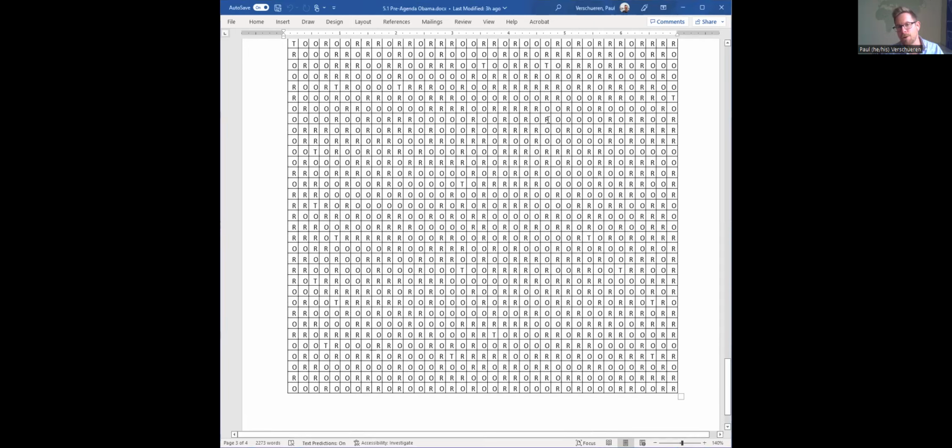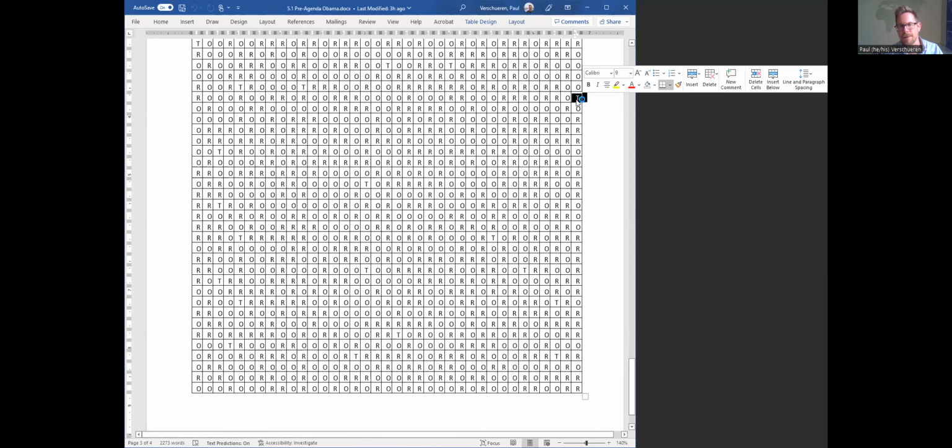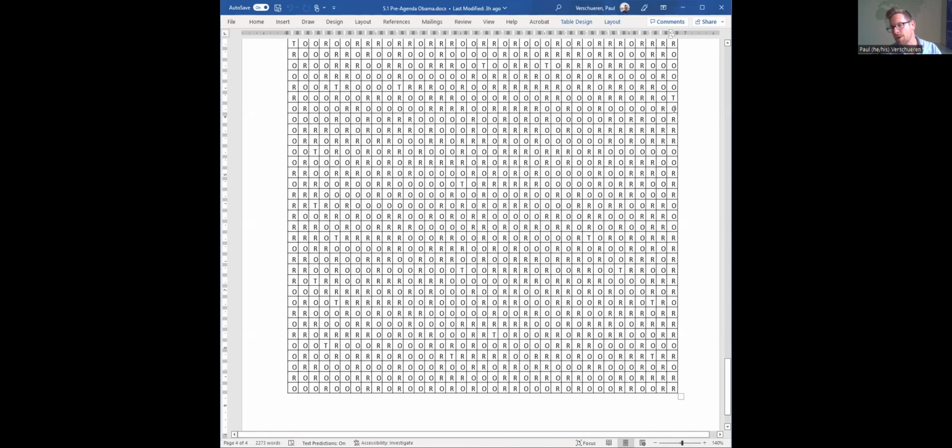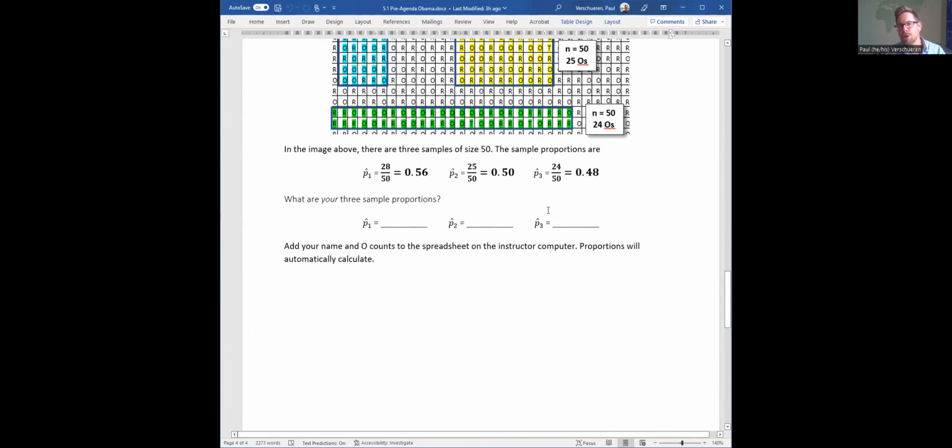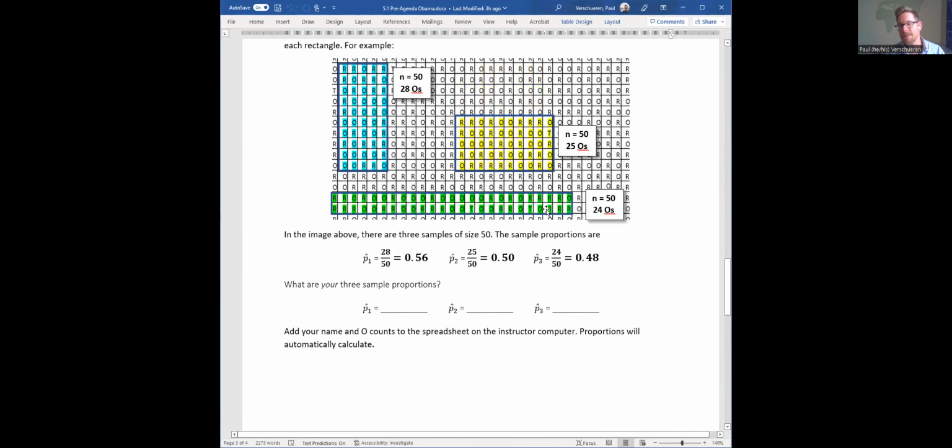R's represent a vote for Mitt Romney, and T's, there are not very many of them. That would be a vote for a third party, someone who wrote in someone other than Barack Obama or Mitt Romney.